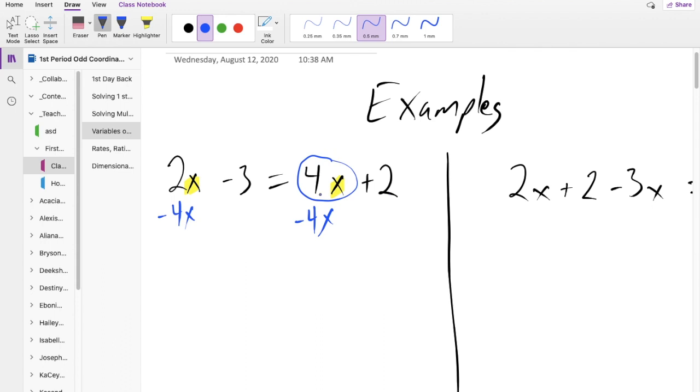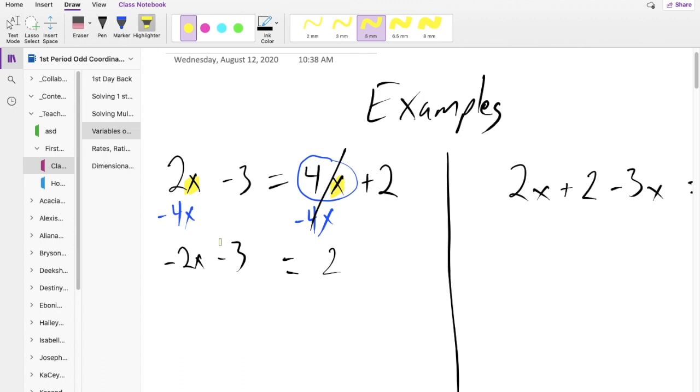Doing that, on the right side, the 4x and the negative 4x are going to cancel, leaving me with a 2 still on the right side. And on the left, 2x minus 4x, these are like terms, so I can now add them, which results in a negative 2x. So now this is a problem just like the other videos where I'm trying to solve for this x.